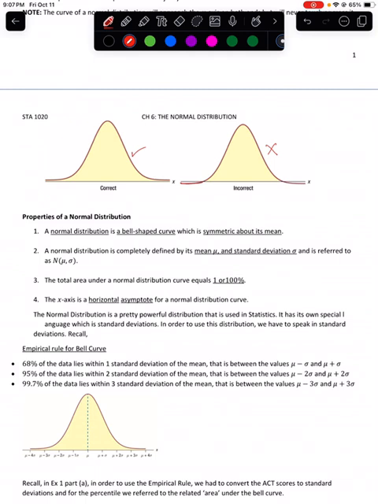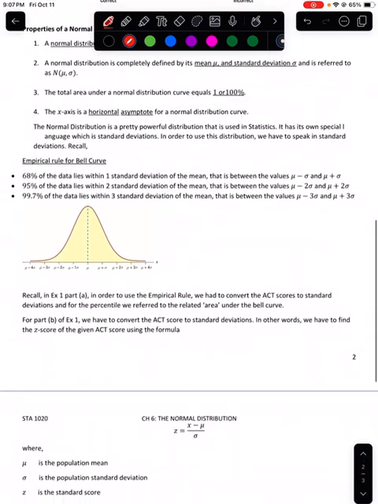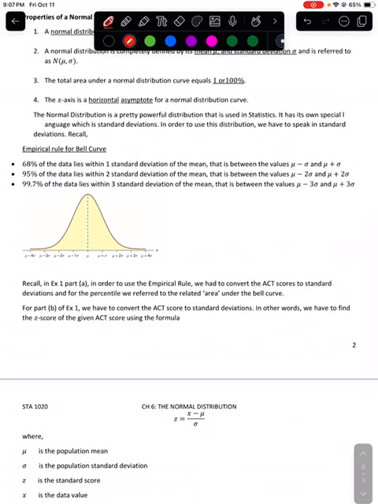The total area under a normal curve equals 1 or 100%. If we talk in percentages, then 100% of the area is under the bell curve, and if we talk about numbers, the area under this curve is one unit, whatever unit the question is using. So that will be the units for that area.